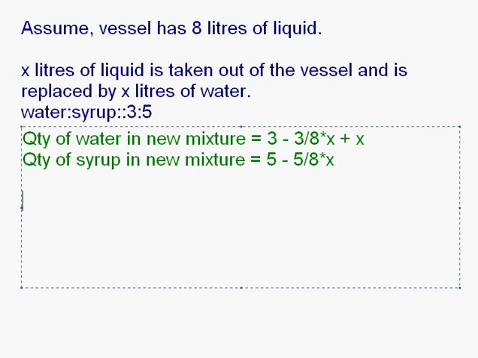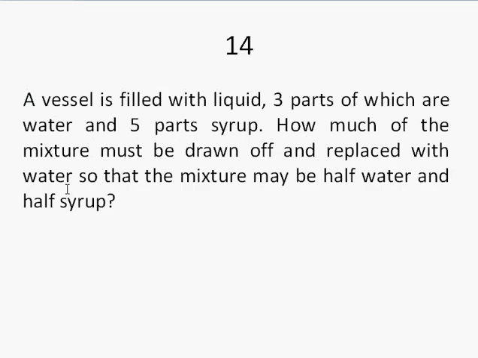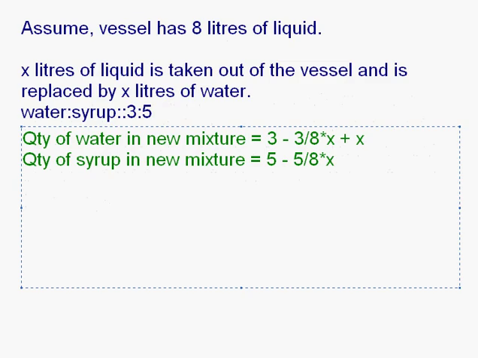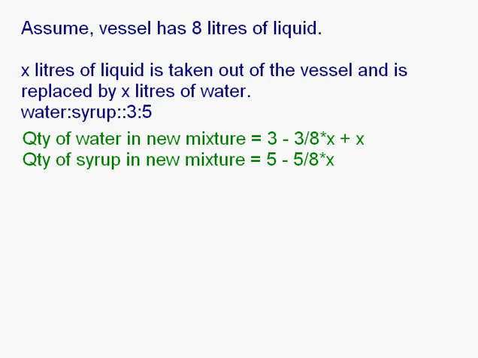Now we have measured these quantities. Read the question carefully: replaced with water so that the mixture may be half water and half syrup. That means they are in equal ratio, so we can equate these two equations.